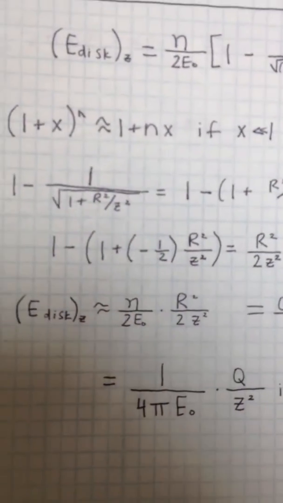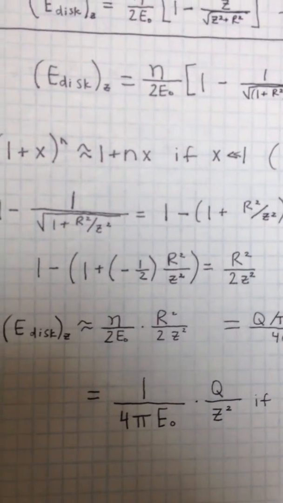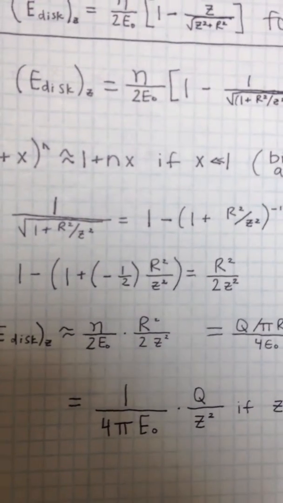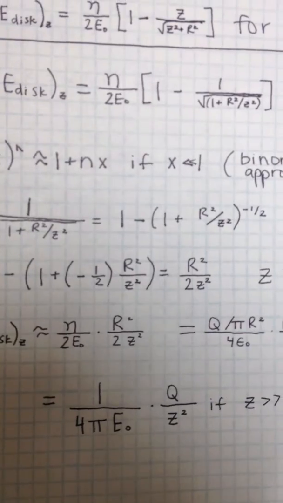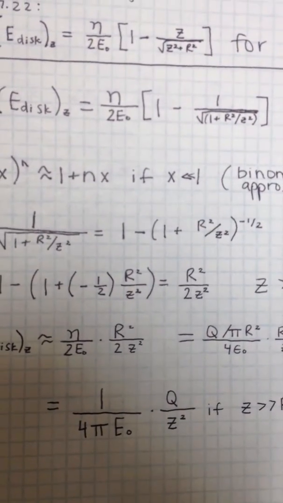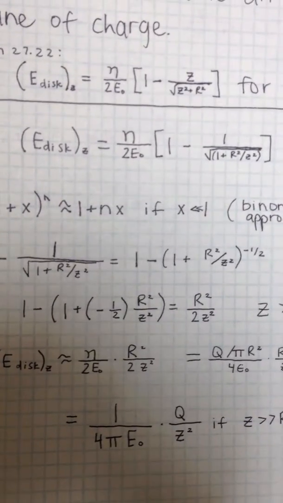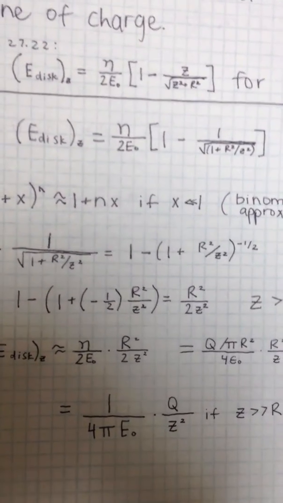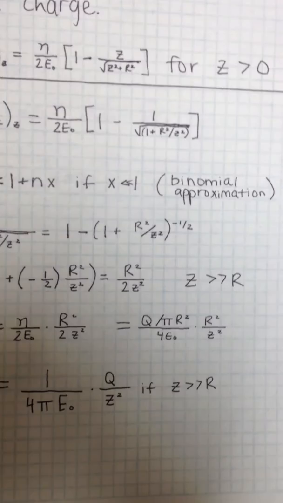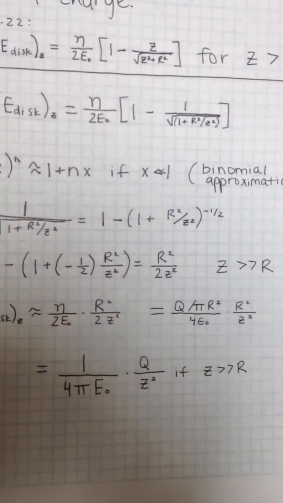That equals 1 minus, in parentheses, 1 plus negative 1/2 r squared over z squared, and that whole thing equals r squared over 2z squared.